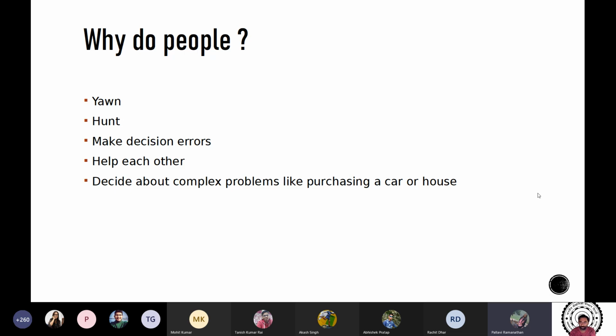Akash Singh. Yes, sir. I want to say something about making decision errors. Making decisions is totally a personal activity. So we can't say specifically that every human or every citizen of a population will have the same mindset or the same perspective about how they make decisions.